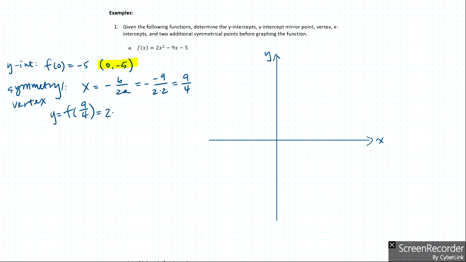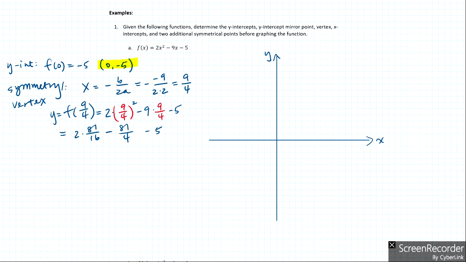Plugging this in, when the input is 9/4, we have 2 times 9/4 squared, minus 9 times 9/4, then minus 5. This is going to involve a lot of fractions, but that's okay. We would have 2 times 81/16, minus 81/4, minus 5.